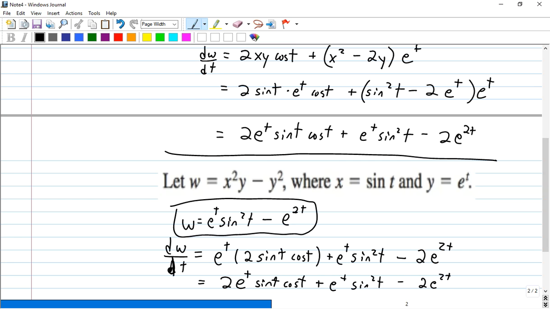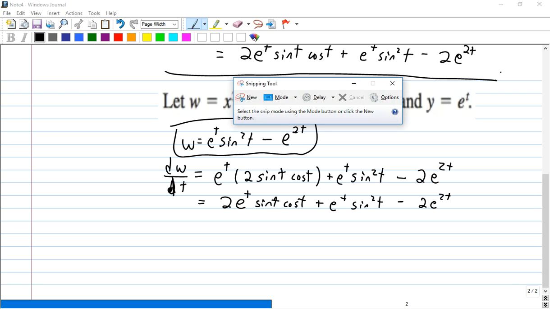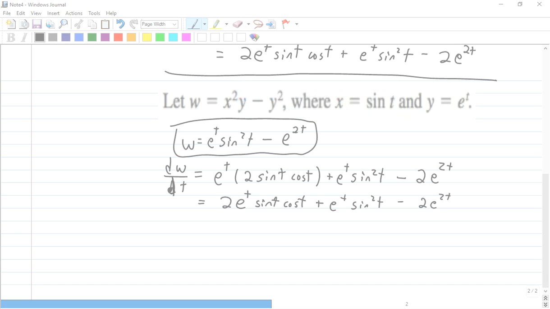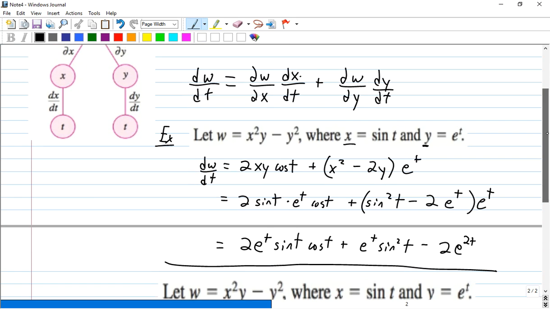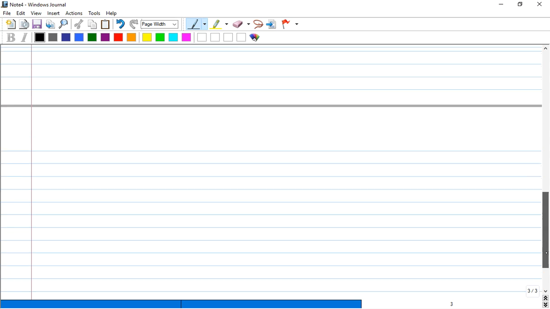All right, let's look at another one. So if we have more than one variable in our x and y, you remember how x and y here was just a function of t? If you have more than one variable, then you can find more than one type of derivative of w.